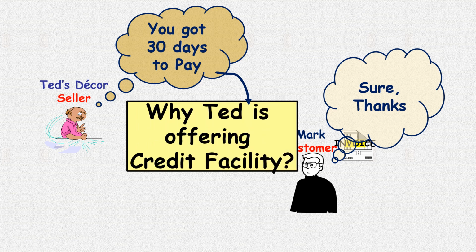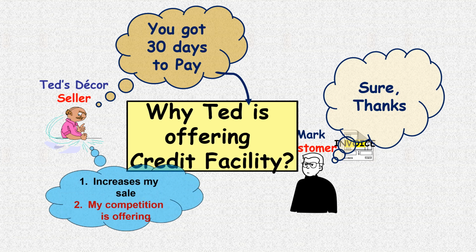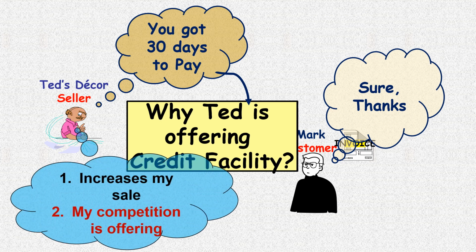Now, why would Ted Decor offer credit facilities or any other business do that? Well, there are advantages to both the seller and the buyer. The seller will increase their sales because most customers might not have cash with them at the time they want to buy something.